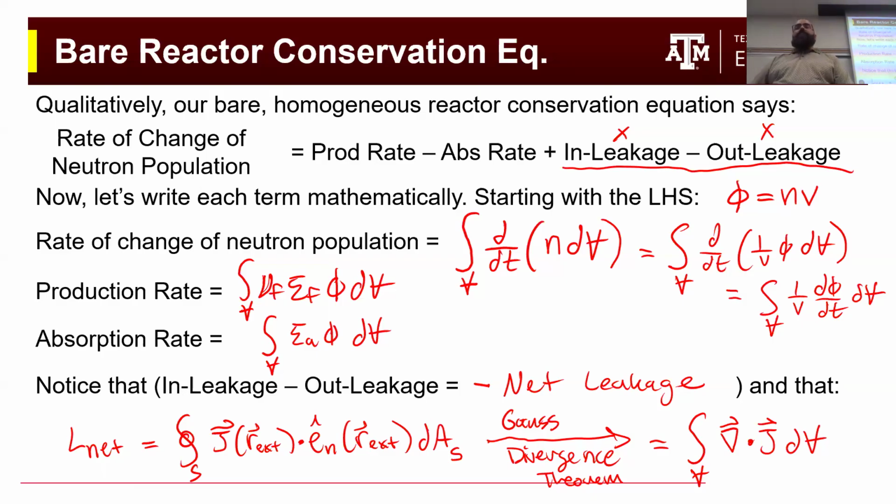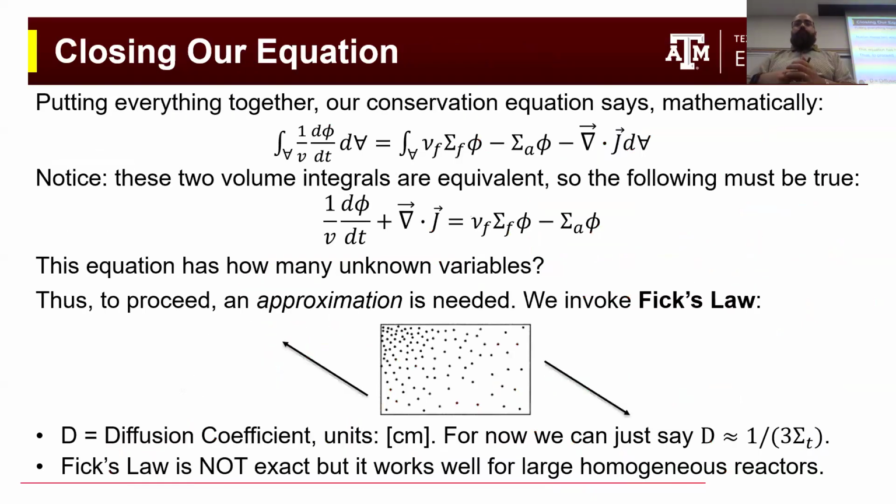So if every term is a volume integral and I have some volume integral on the left-hand side equals another volume integral on the right-hand side, if I have two integrals over the same quantity that are equal, that means the function that I'm integrating, or whatever's inside of that integral, has to be the same. So if I put everything together, it would look like this.